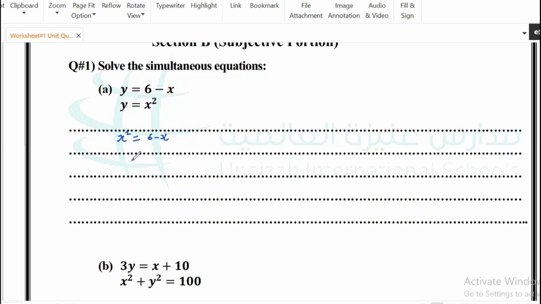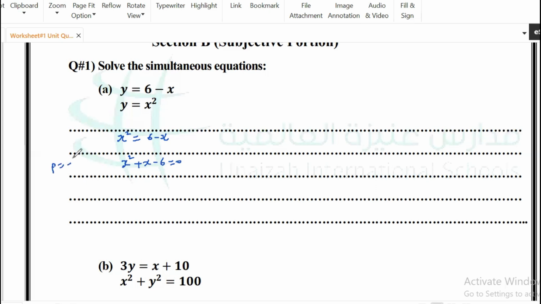And then we will rearrange in such a way that it becomes a quadratic equation. x square plus x minus 6 is equal to 0. And now we will go with the factorization or quadratic formula. All options are there, even the completing square method is also there. So first we will see the factorization concept.